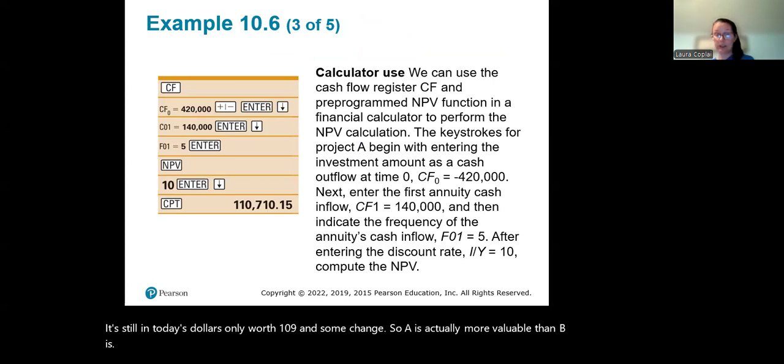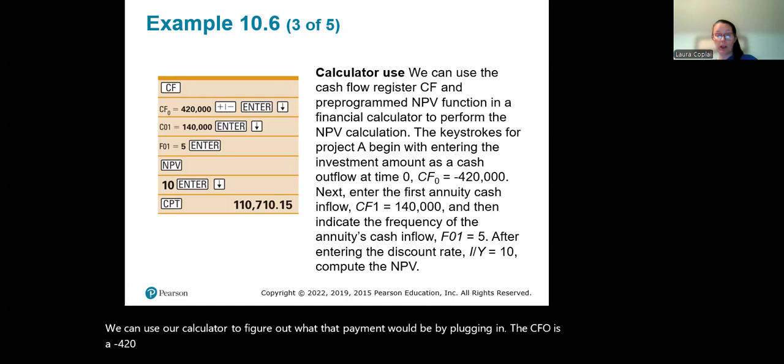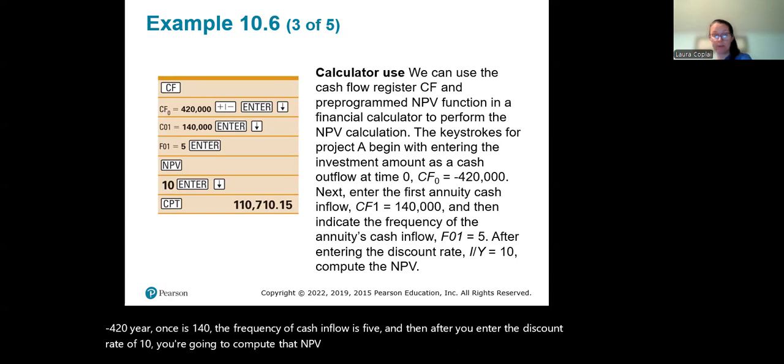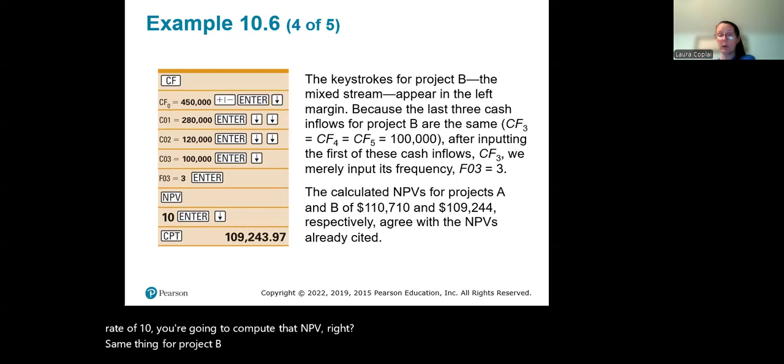We can use our calculator to figure out what that would be by plugging in the CFO as a negative 420. Year one's is 140. The frequency of cash inflow is 5. And then after you enter the discount rate of 10, you're going to compute that NPV, right? Same thing for project B here, except it's not going to be the same every time, right?